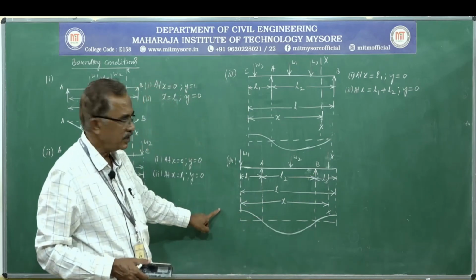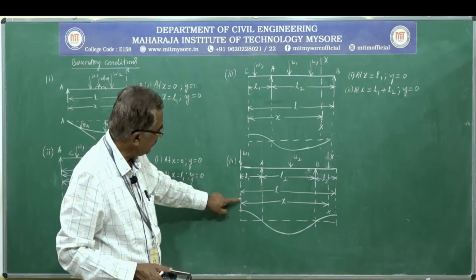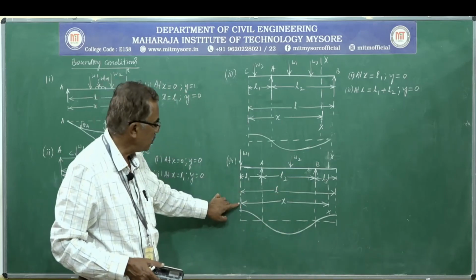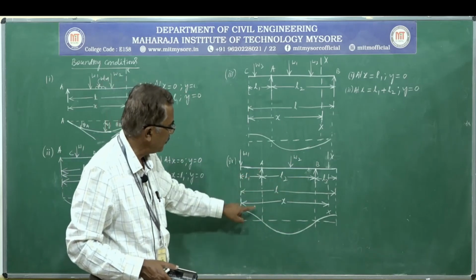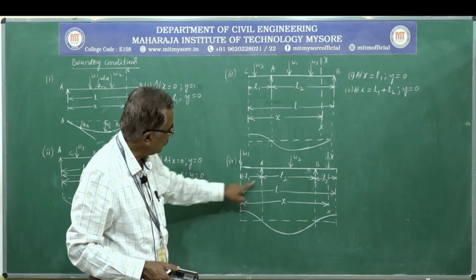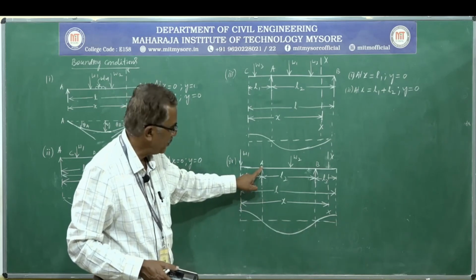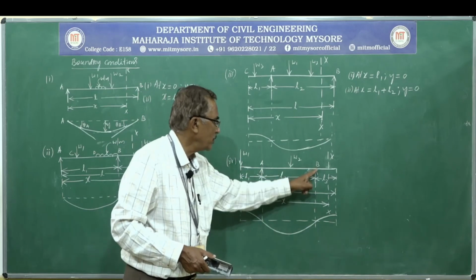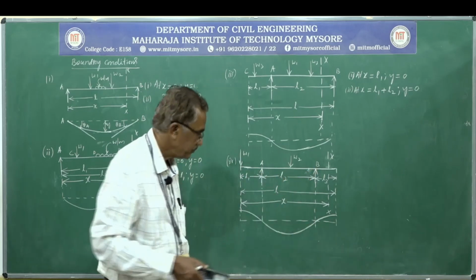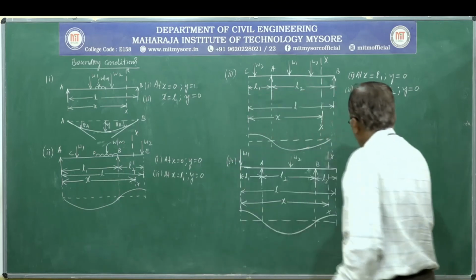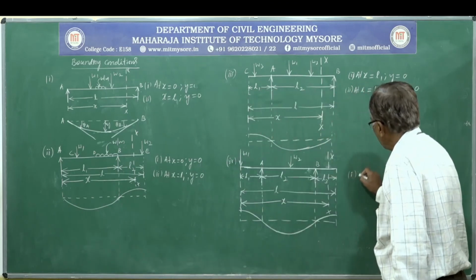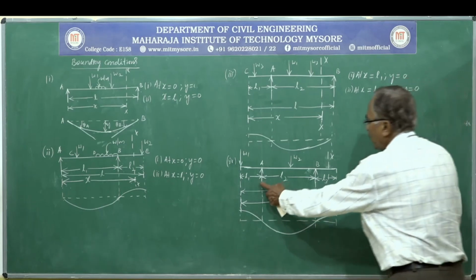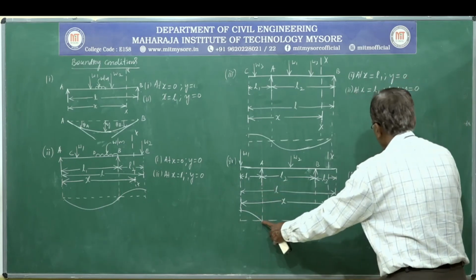Again the boundary condition: x varies from 0 to L. At x equal to 0, y is not 0; where y is 0, x is equal to L1, y is equal to 0, and at x equal to L1 plus L2, y is equal to 0.